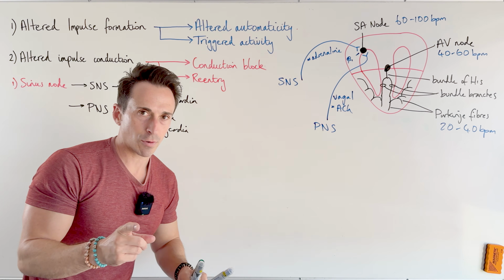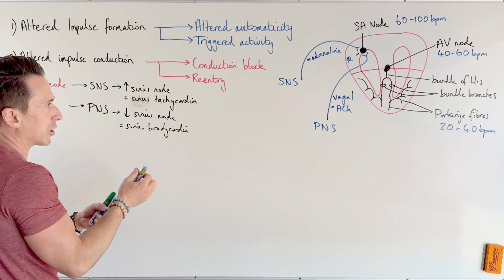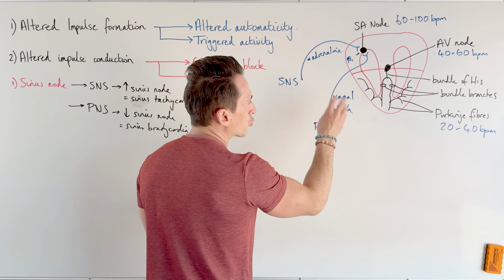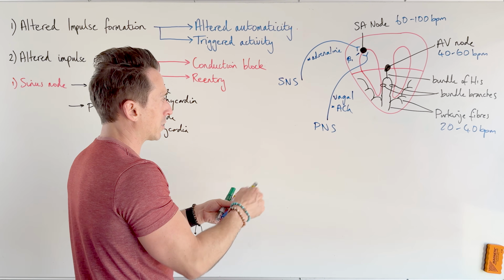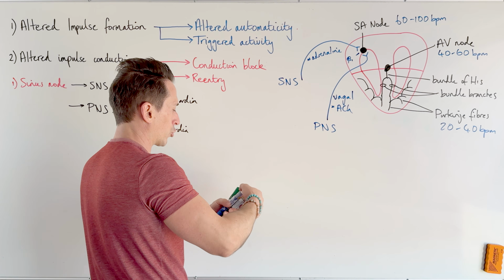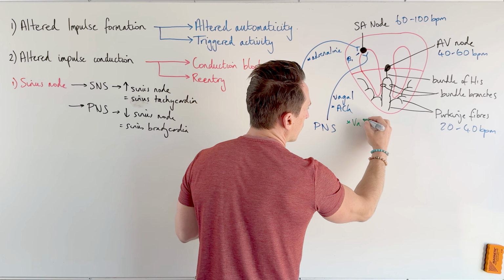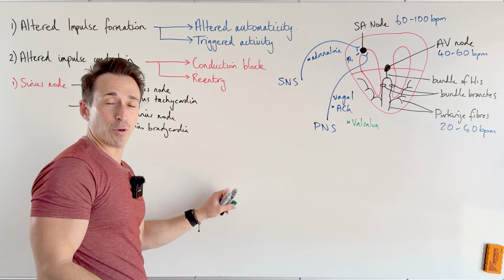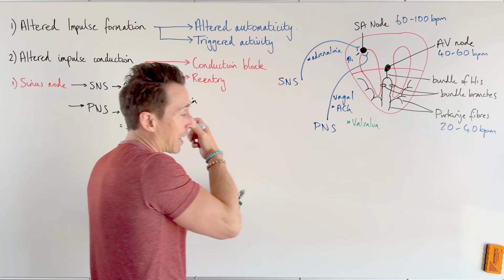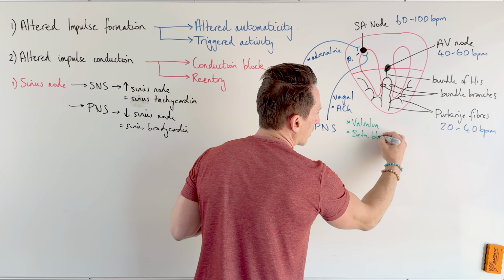But think about this, right? If this sinus bradycardia goes too slow, so if you have too strong a vagal afferents, right? So what could cause the vagus nerve firing off too strongly here? Maybe something like the Valsalva maneuver, right? So the Valsalva maneuver could do it. Maybe it could be beta blockers. Now you might be thinking, why beta blockers?